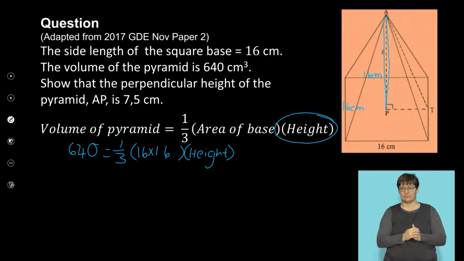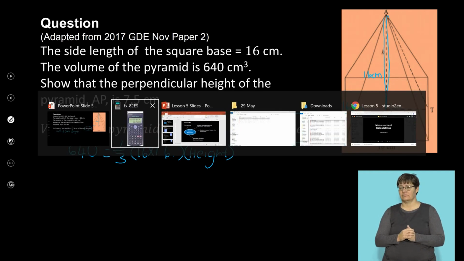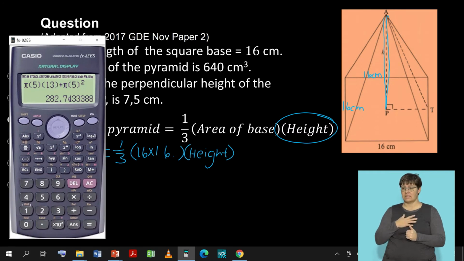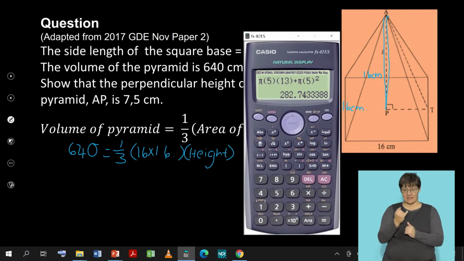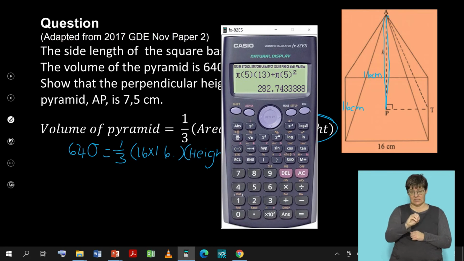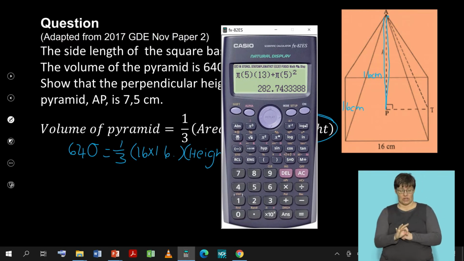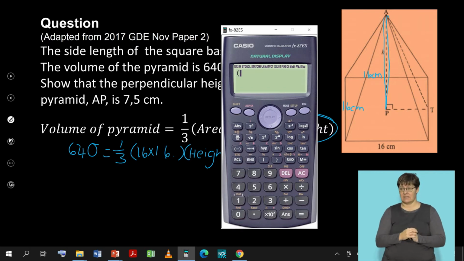So I'm going to get my calculator out. If I want to isolate my height, I'm going to have to say 640 divided by 1/3 times 16 times 16. So I'm first going to say 1/3. Sorry, this fraction button is not my friend today, guys. Don't worry. There we go. Now it's working for us.